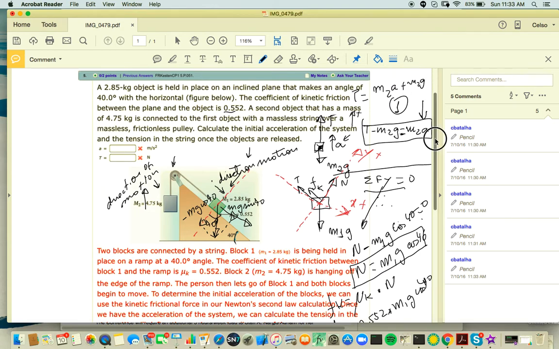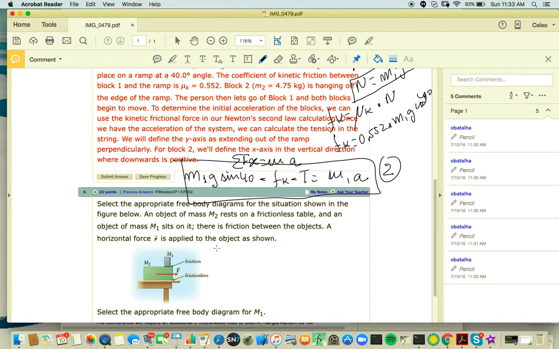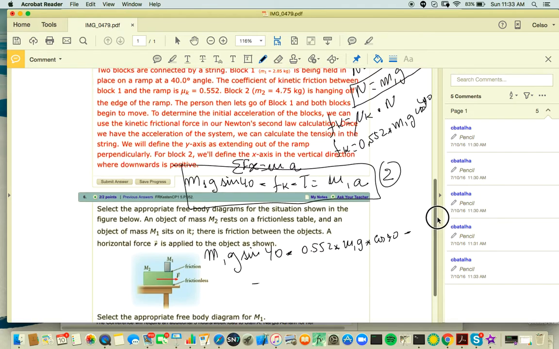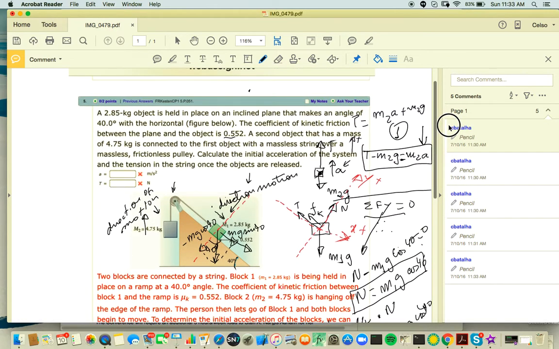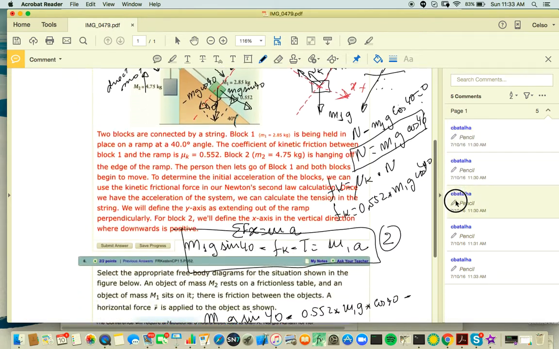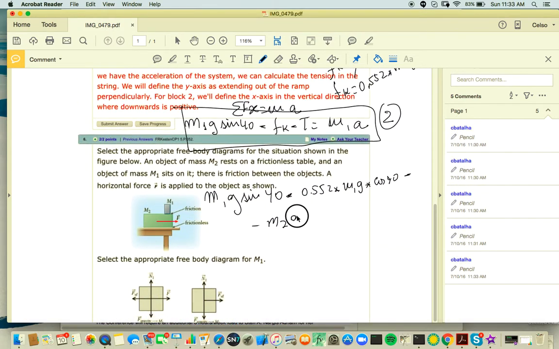When you single that out and plug it in there, you have this mega equation: m1g sine of 40 minus fk, where fk is 0.552 times m1g times cosine of 40, minus T, where T is m2a plus m2g, so minus m2a minus m2g, with a minus applied to both of them, is equal to m1a.